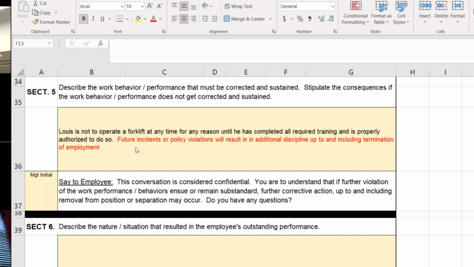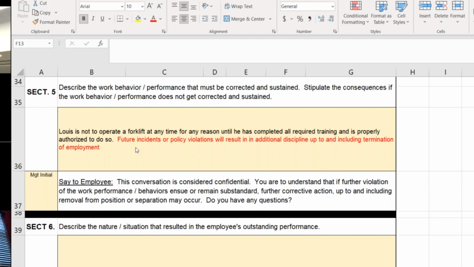What behavior must change? And the second line in red is extremely important for any write-up. No matter what we do on any write-up, we need to have something that says future incidents or policy violations will result in further discipline or additional corrective action or whatever we call it on that day, up to and including termination of employment. I need to be told or forewarned that if my behavior continues, there are consequences.